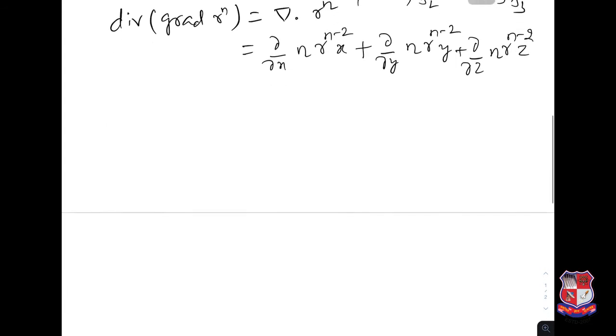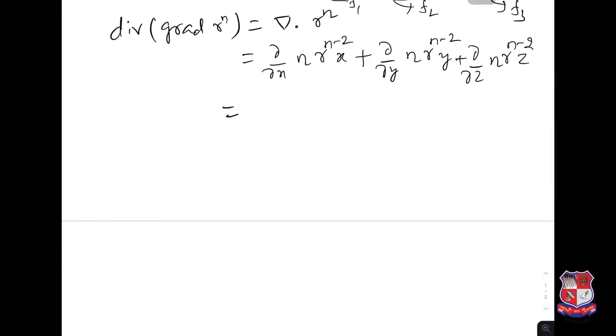So we want to find the derivative of r power n minus 2 into x with respect to x. So there are two terms where x lies. In this r power n minus 2 also there is x, and in x there is also x. Same for y and z. So we need to apply the product rule. n is constant, we can take it outside.